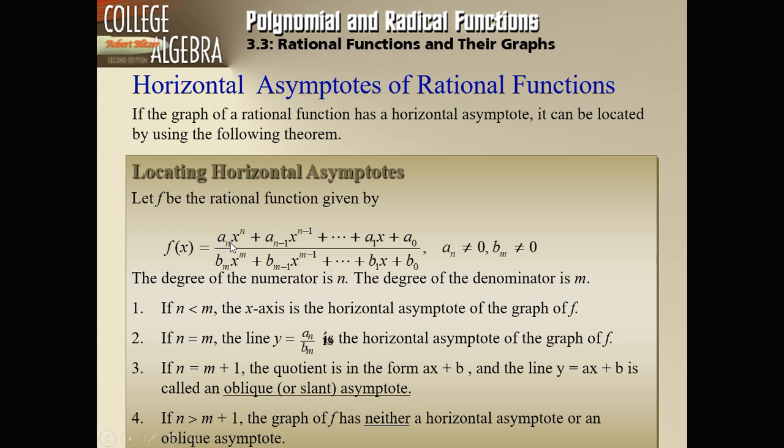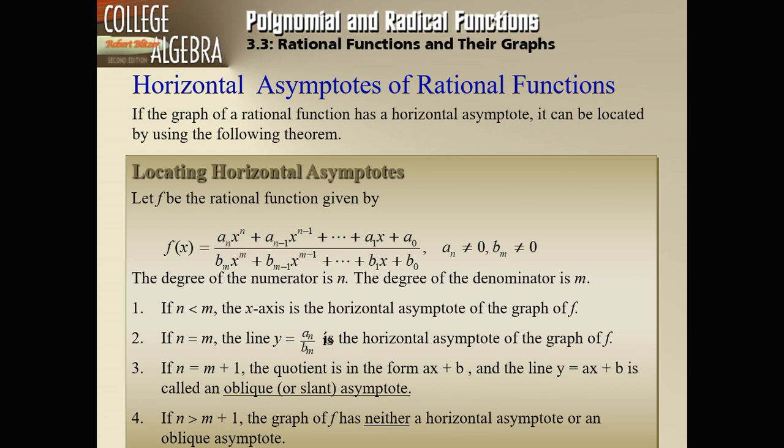So, kapag equal daw yung exponent or yung degree ng numerator and denominator, ang magiging natin ay the line y equal to a sub n over b sub m. It is the horizontal asymptote of the graph of f.